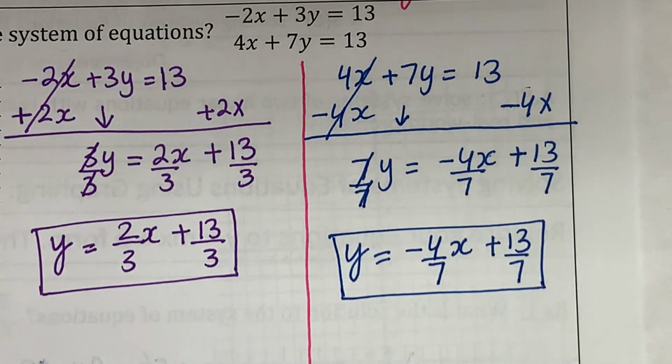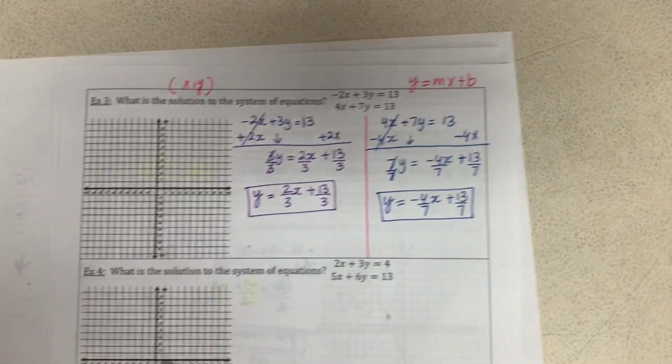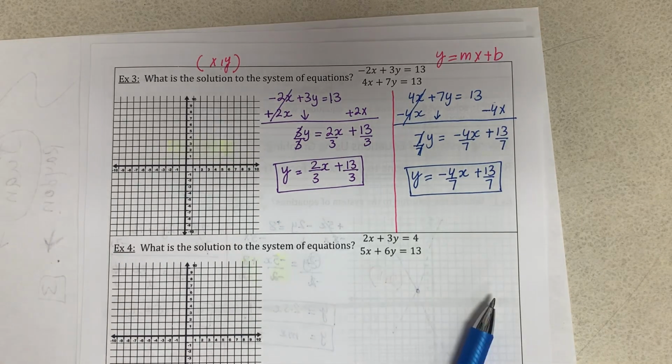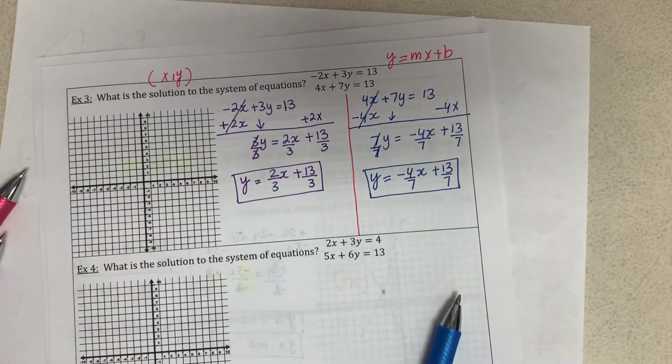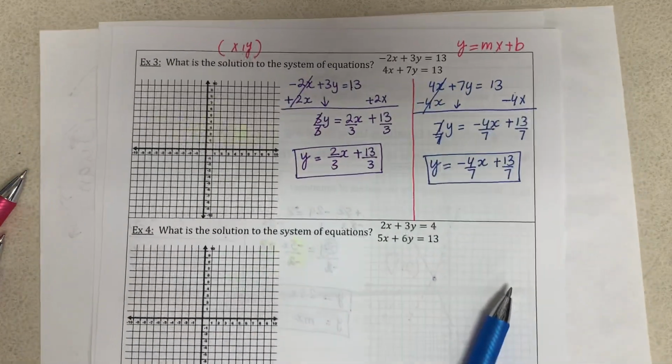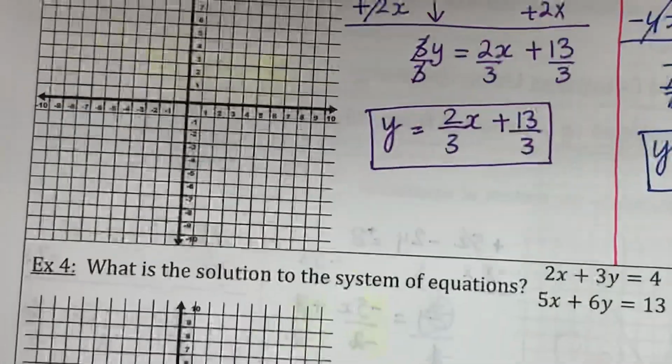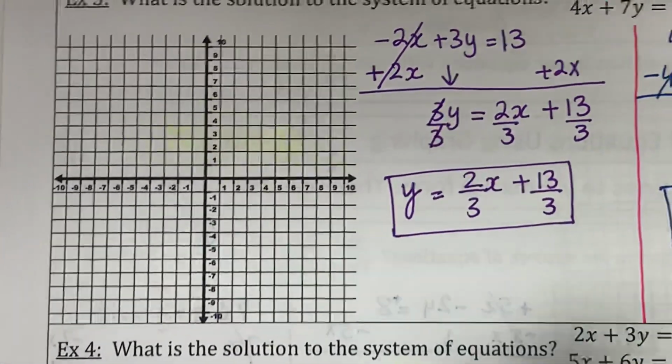All right, I have both my equations. All I need is to type these two equations in the calculator. That's what I'm going to do right now and see what my answer is. All right, so I typed my equations and the answer is actually negative 2 comma positive 3.